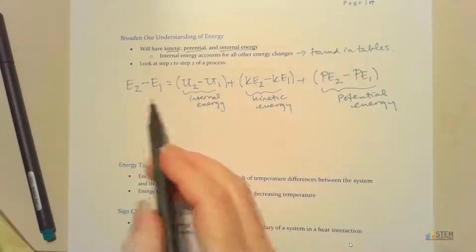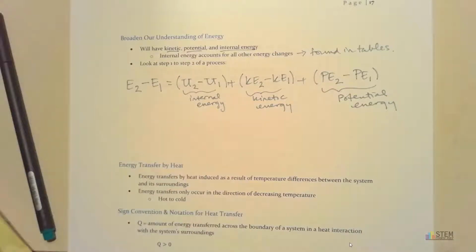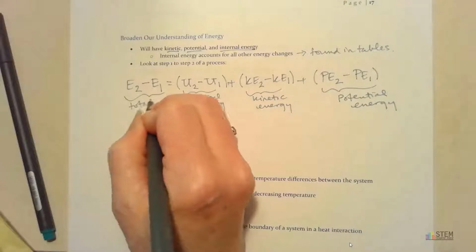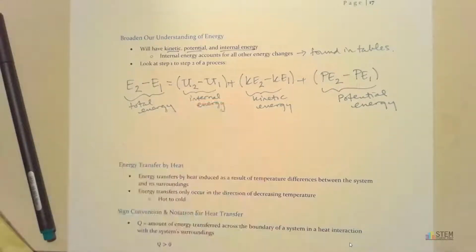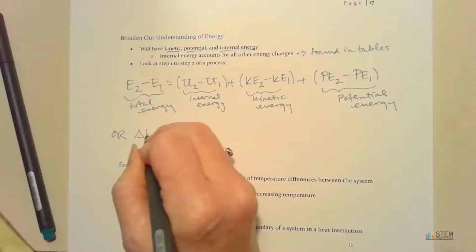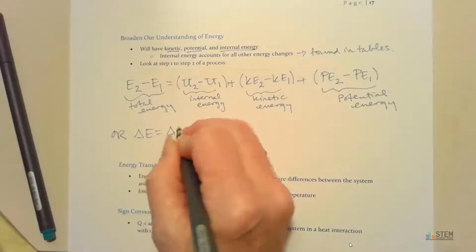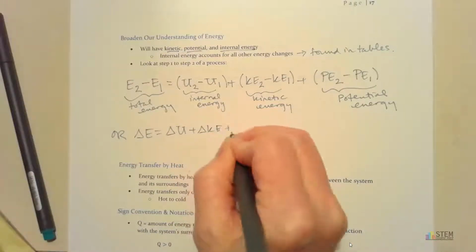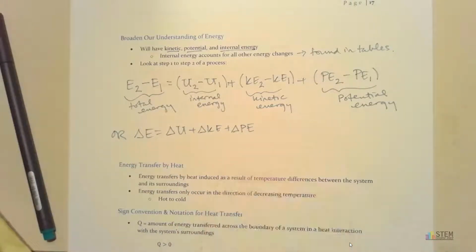Put it all together, it gives you your total energy change. Another way to write that is delta E equals delta capital U plus delta KE plus delta PE. This is going to be an equation we're going to be using. We're going to add it to something else in just a second.